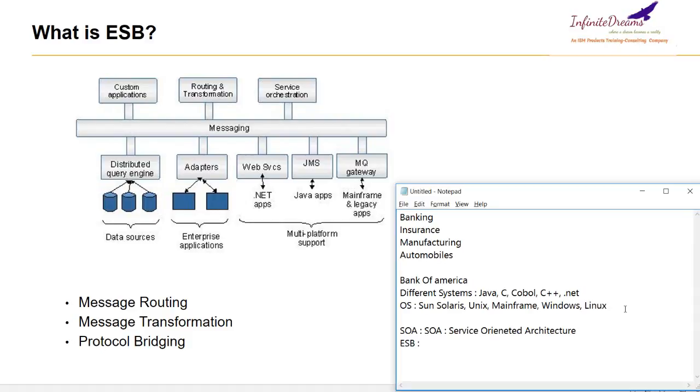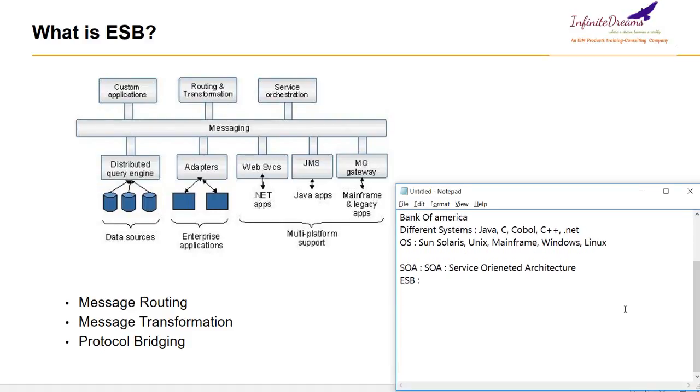Now how ESB works, we can discuss using one example. Suppose there are two people. One knows Spanish, and another knows French. But the Spanish guy doesn't know French, and the French guy doesn't know Spanish, and both want to talk to each other.